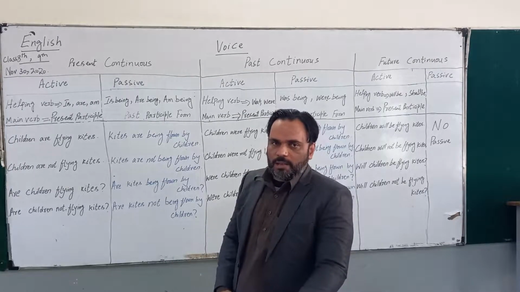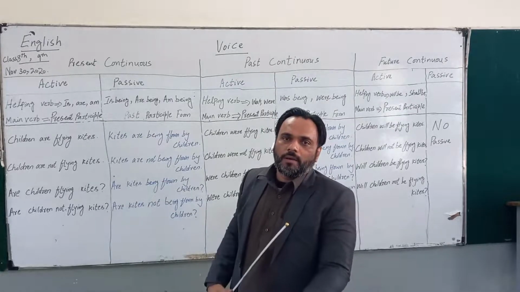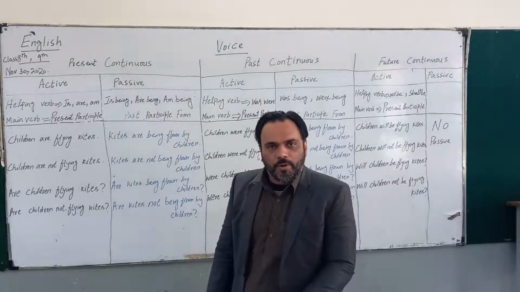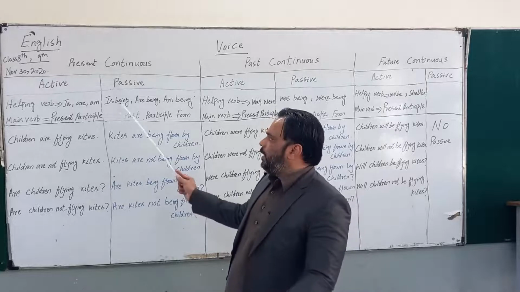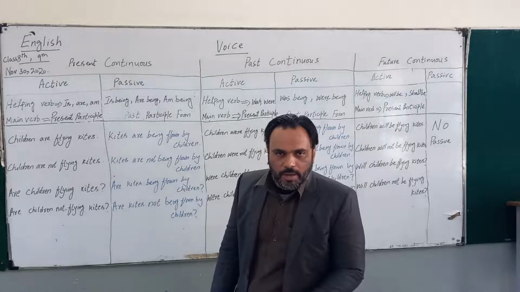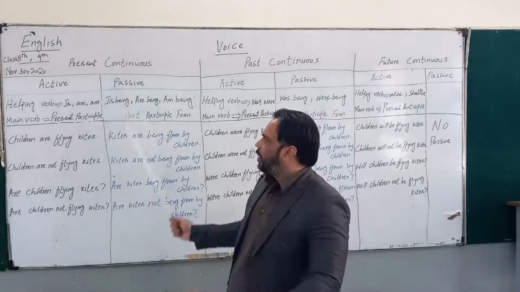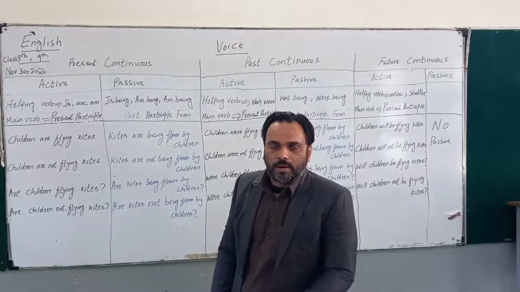And am is used with I. Don't forget, we use are with the second person pronoun you as well. Similarly, is being is used for a singular subject, are being for a plural subject, and am being if our subject is I.